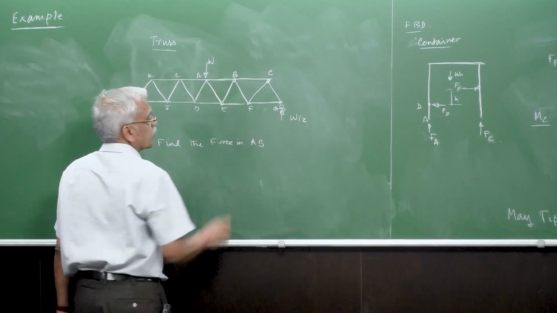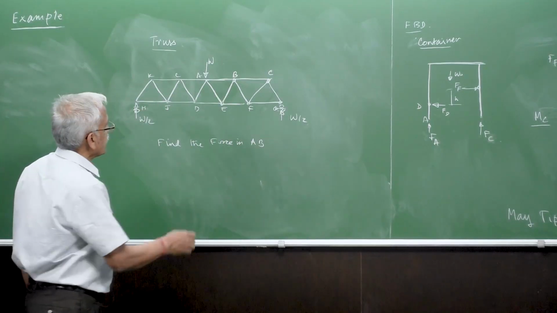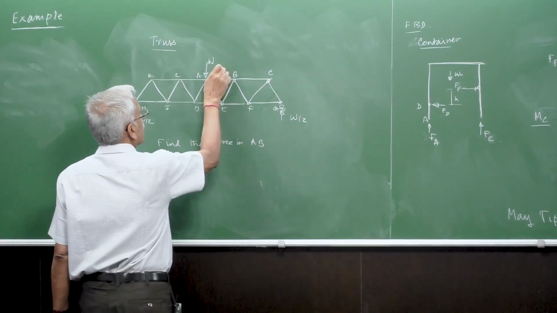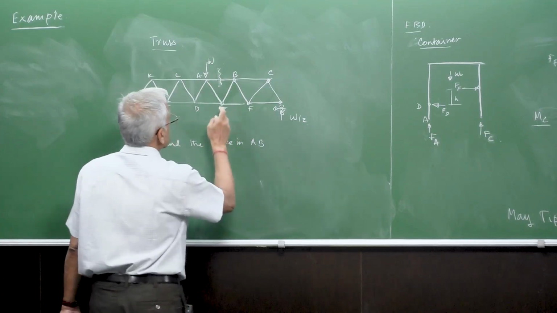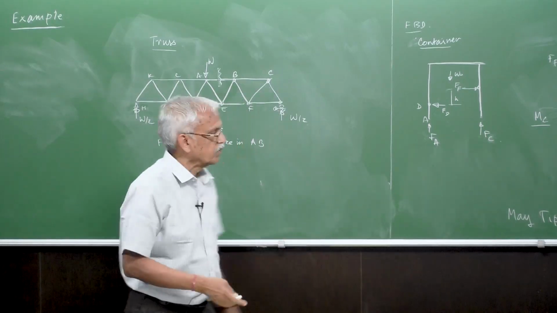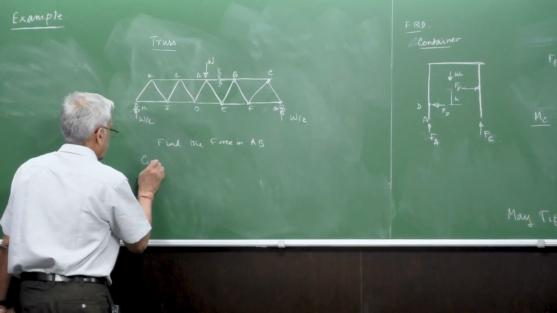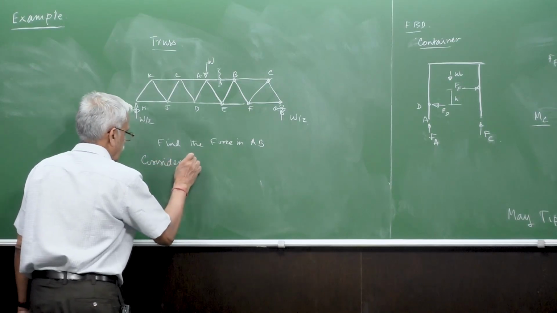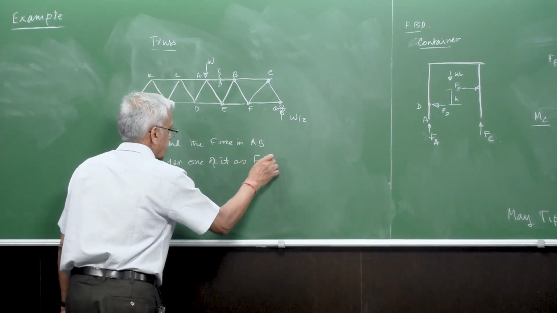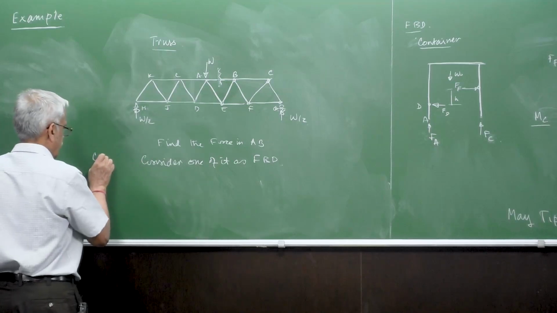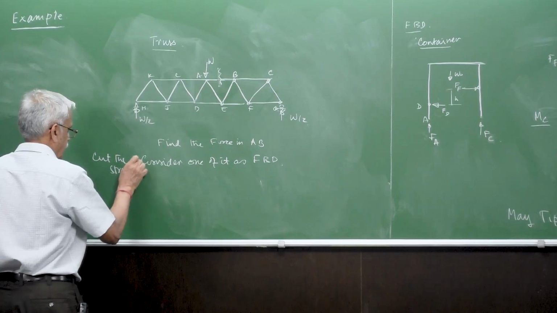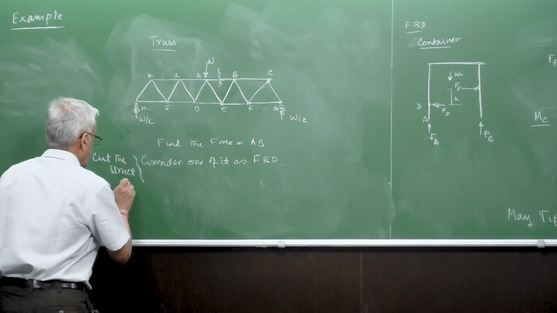The only thing is that you have to cut it there, and consider these two as two separate free body diagrams. Consider one of them as the free body diagram. Cut the structure at AB.